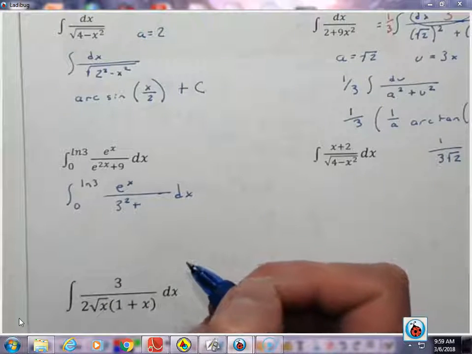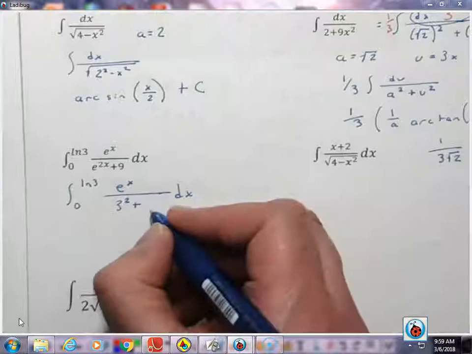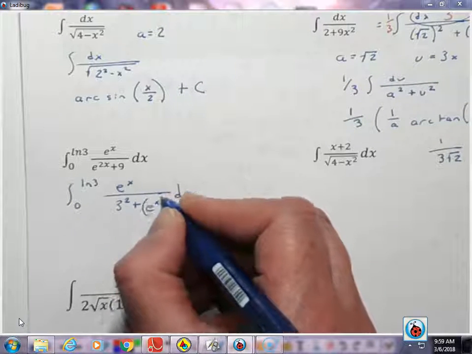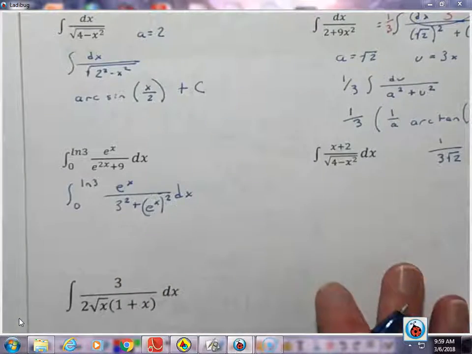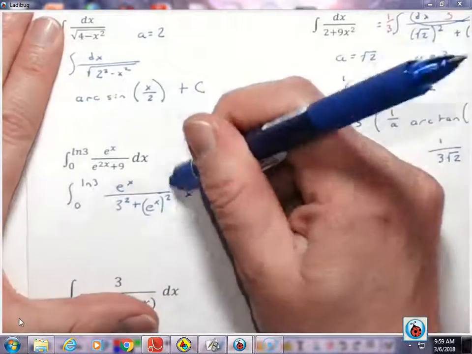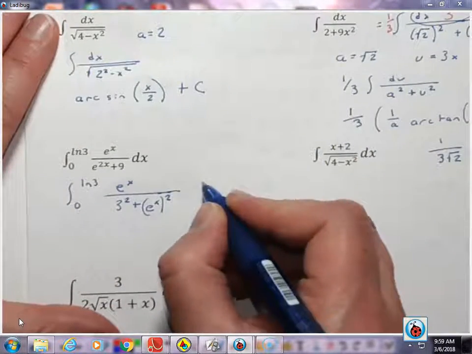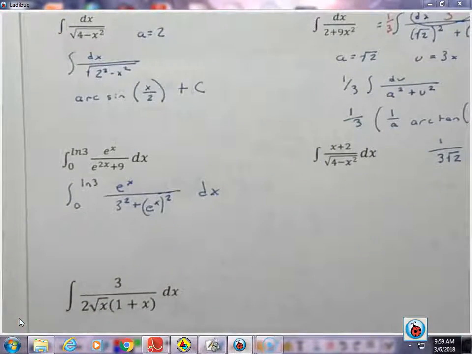What about e to the 2x? Is that something squared? Yeah. So that'd just be like having e to the x squared. My dx is making that look a little ugly. Okay, so e to the 2x is just the same as having e to the x squared, because when you raise to a power, you multiply your exponents.